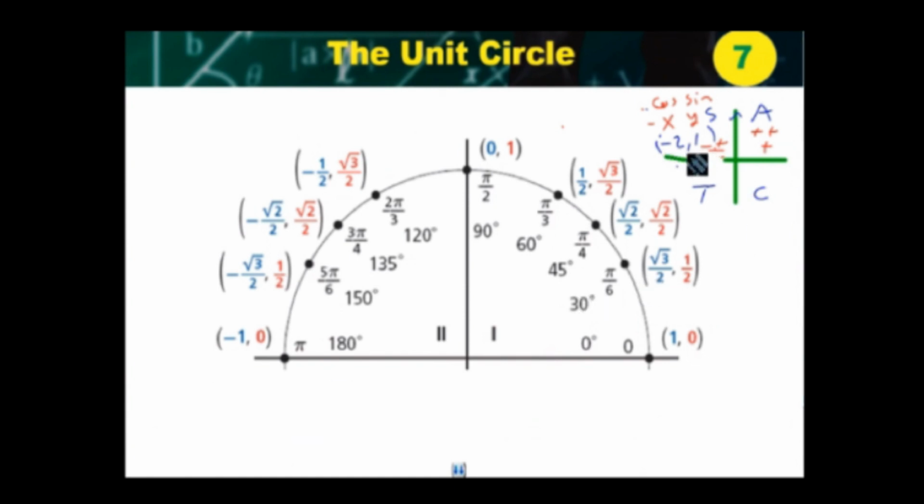Okay, and this one here is going to be negative cosine, negative sine, but it's going to be positive tangent because negative over negative is positive. The last one here is going to be a positive cosine, negative sine, and negative tangent. All right. Anyways, so we're here. So maybe you could say all. Then you could put student here if you like, all student.